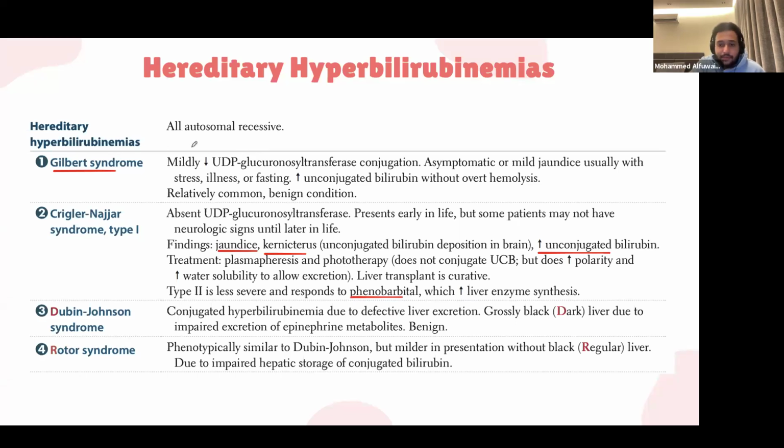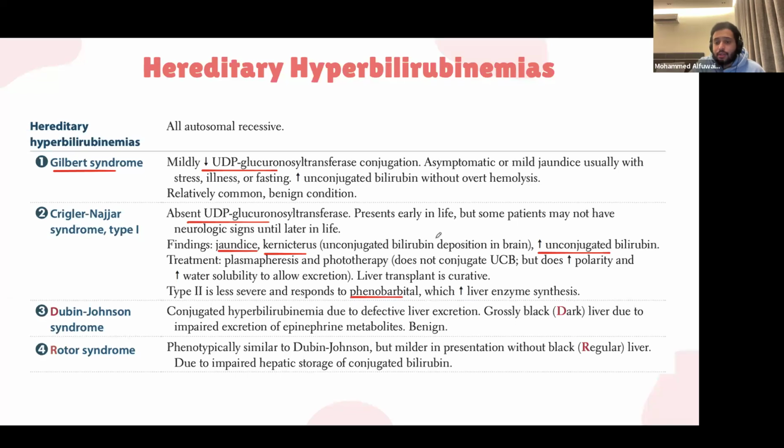Gilbert is very, very benign, not severe at all. A patient who's in puberty goes through an acute stressor, leads to jaundice due to mildly decreased levels of UDP glucuronidase transferase. Kringler-Najjar is a very young child who has jaundice, kernicterus, mental retardation, low mental status.